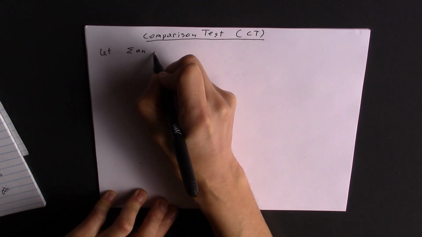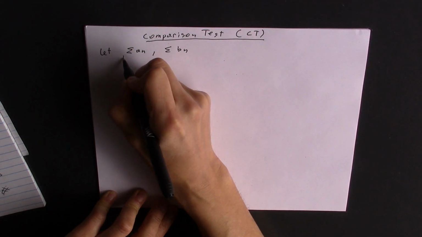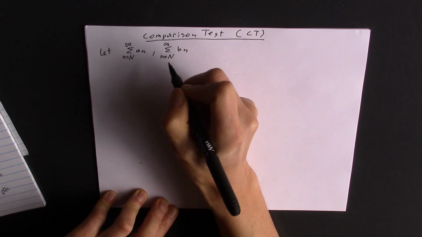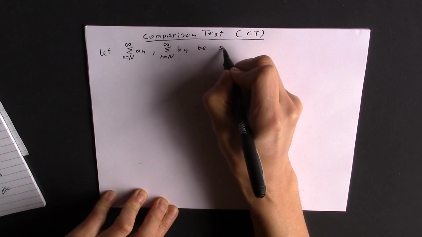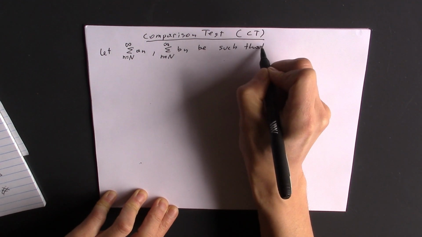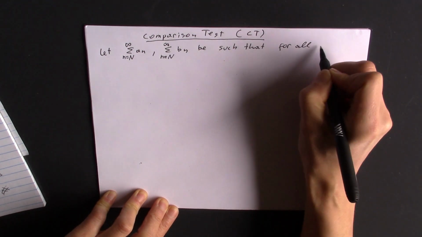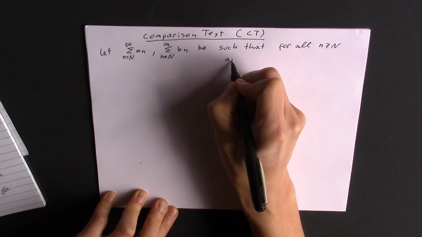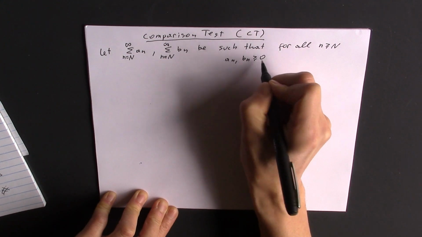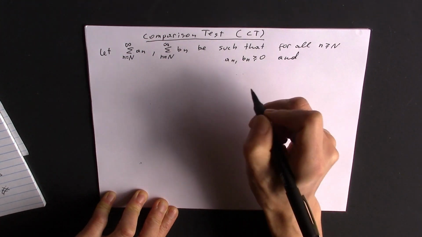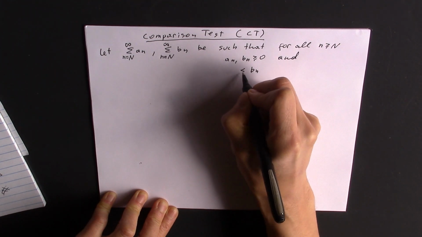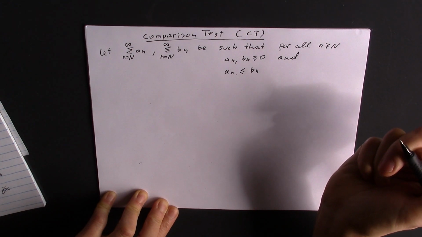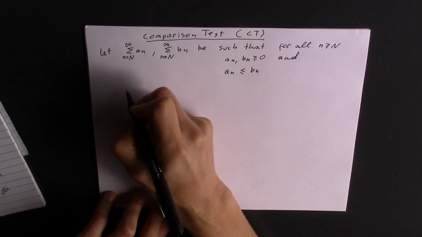Let a_n and b_n be two series such that for all n both series are positive, have positive terms, and the terms of the second series are bigger or equal than terms of the first one.